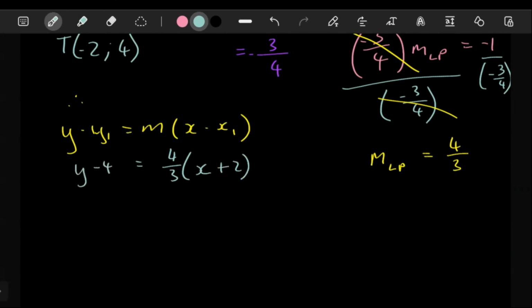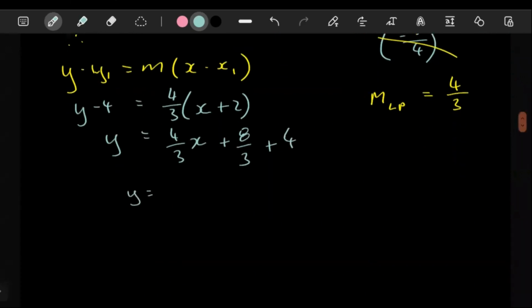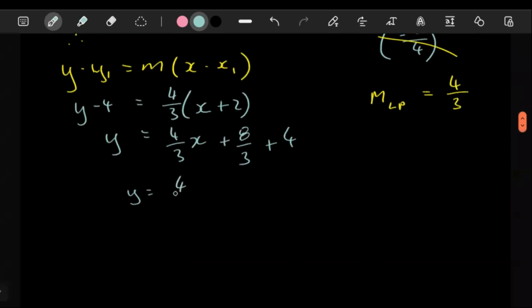Y minus 4 equals 4 over 3 x, plus 8 over 3. This goes to the other side, plus 4. Then y equals 4 over 3 x, and this plus the 4, what do you get now?